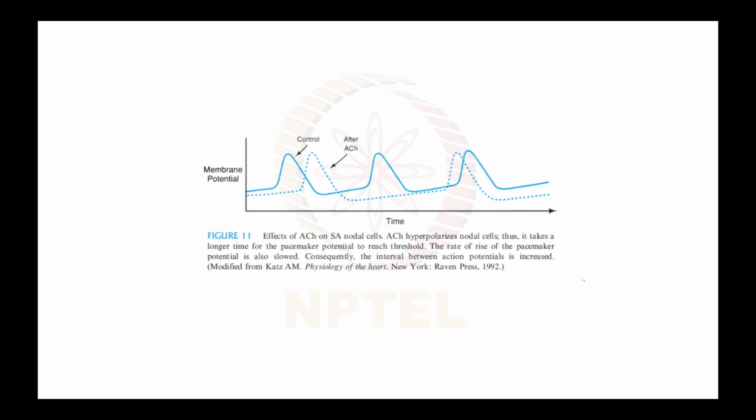However, after acetylcholine binding you can see only 2 peaks generated. So the effect of acetylcholine on SA nodal cells is that it hyperpolarizes the nodal cell, thus it takes a longer time for the pacemaker potential to reach threshold. The rate of rise of the pacemaker potential is also slowed. Consequently, the interval between the action potentials is increased.